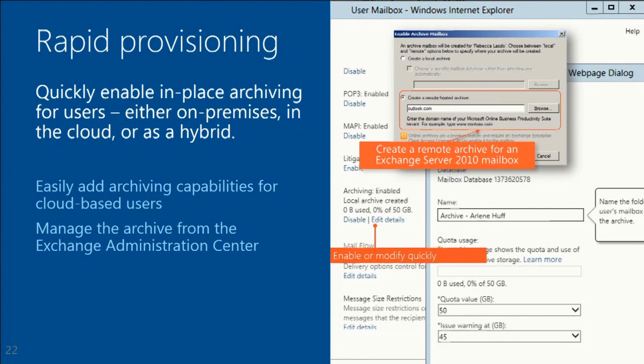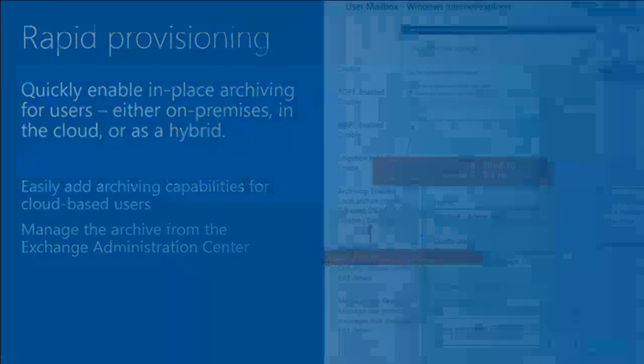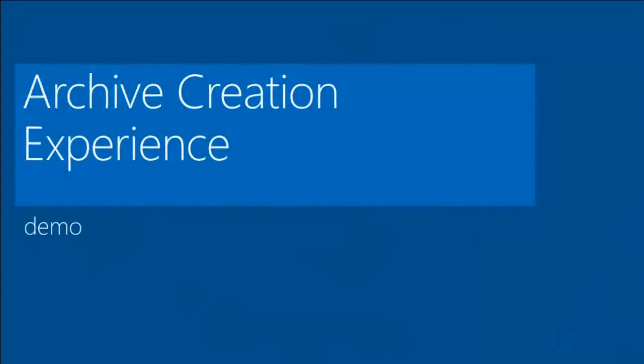Now, in Exchange 2013, in EAC, you don't have to do that anymore. Instead of creating an on-premises archive, you just select cloud-based archive, and that's all. Click OK. Behind the scenes, this kicks off a process. It takes some time because your on-premises is going to communicate to the cloud and get that archive created in the cloud. Let's take a look at how that is going to work.